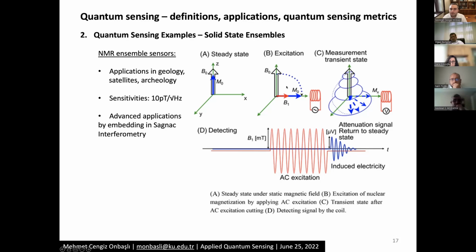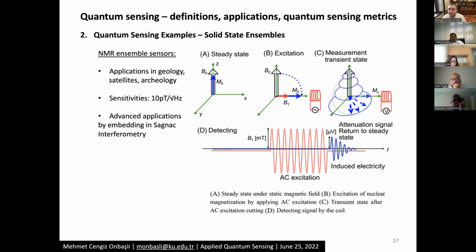So essentially what we are observing, through the AC excitation step, is the field that we want to measure. We want to measure the B1 magnitude, and this bias causes a phase shift or a frequency shift in the precession of the atomic ensemble.